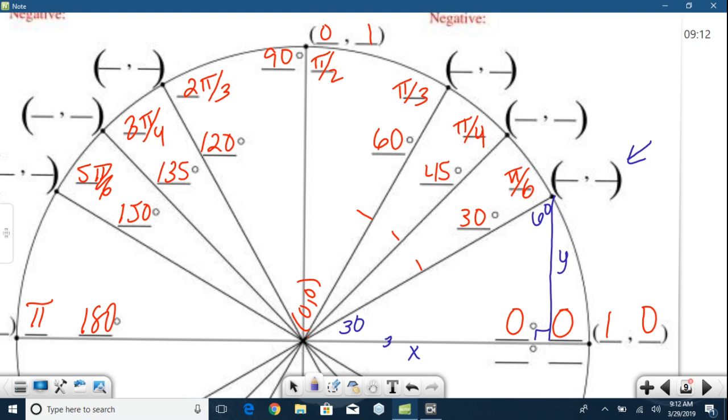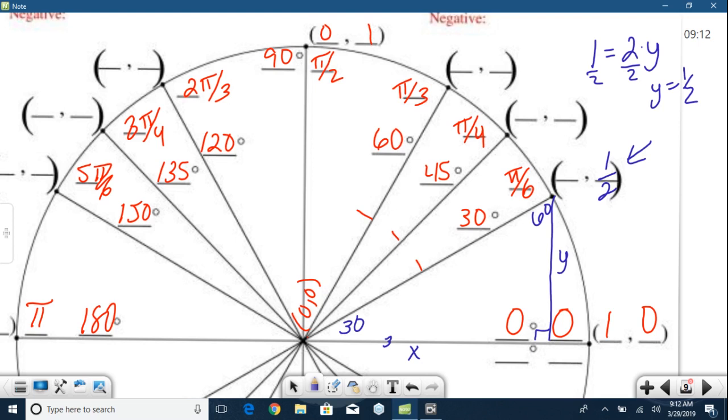So that means the hypotenuse equals 2 times the short leg, y. Correct? So my y value equals 1/2.